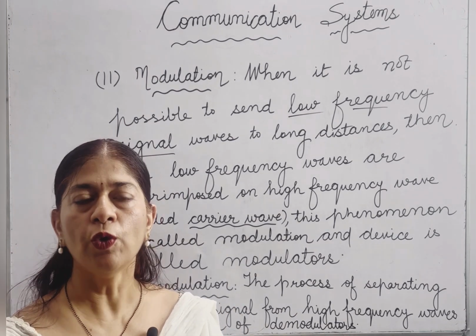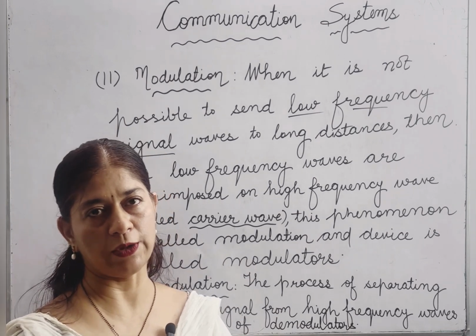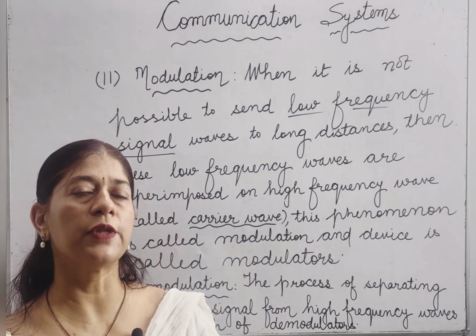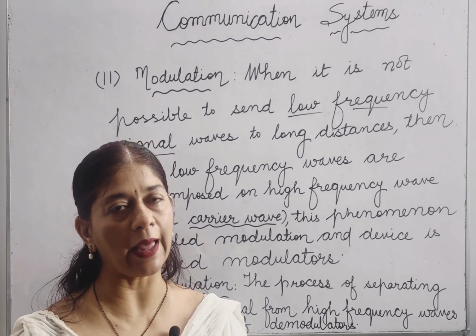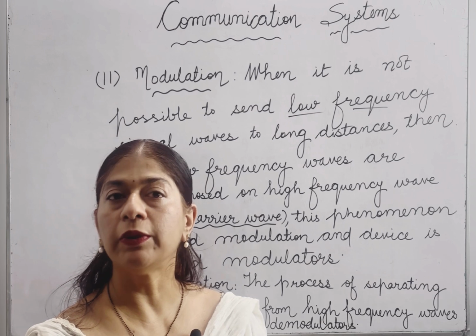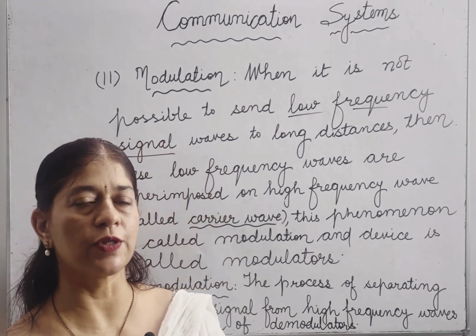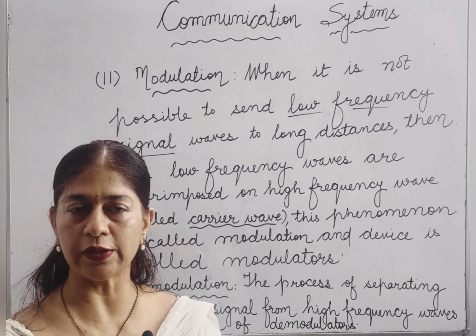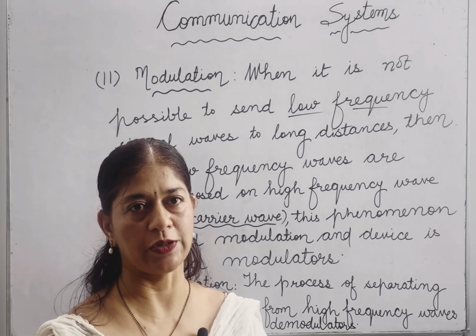So we mix the low frequency wave with the high frequency wave. Because of this, high frequency waves are also known as carrier waves, because they carry the low energy waves with them. The phenomenon is called modulation, and the devices used for it are known as modulators, which are placed in the arrangement of transmitters.